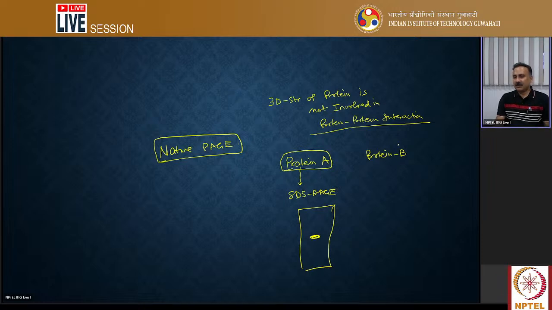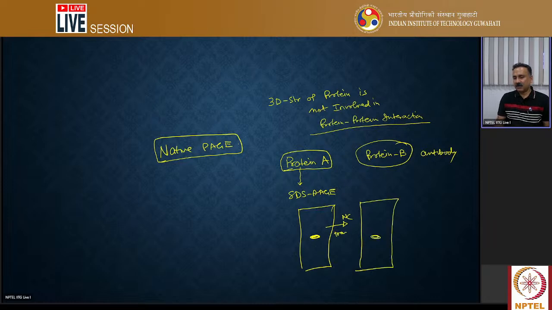Then you can use protein B just like an antibody. You transfer this onto a nitrocellulose membrane, and then you add this protein B, right?